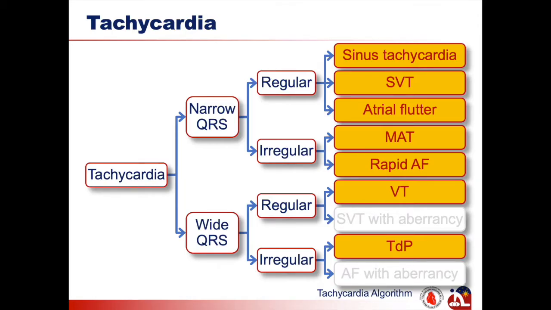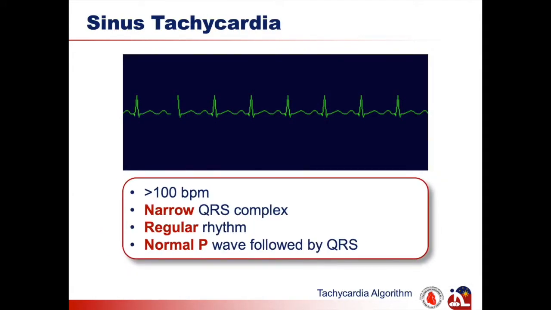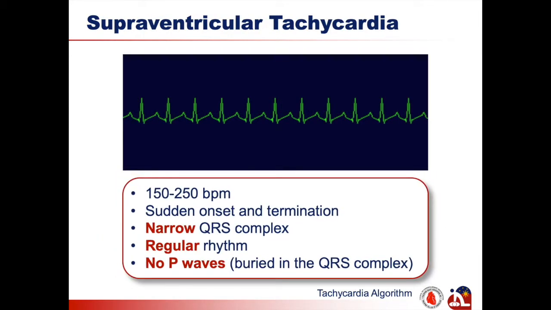Sinus tachycardia is by far the most common tachycardia. ECG will show a rate of more than 100 beats per minute, with a narrow QRS complex, regular rhythm, and a normal P wave followed by a normal QRS. Supraventricular tachycardia usually has a rate of 150 to 250 beats per minute, with sudden onset and termination.